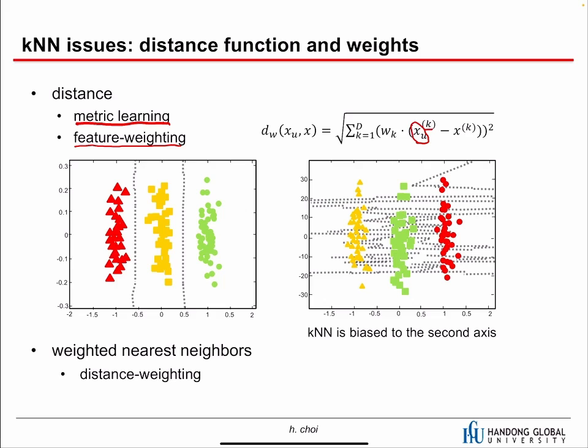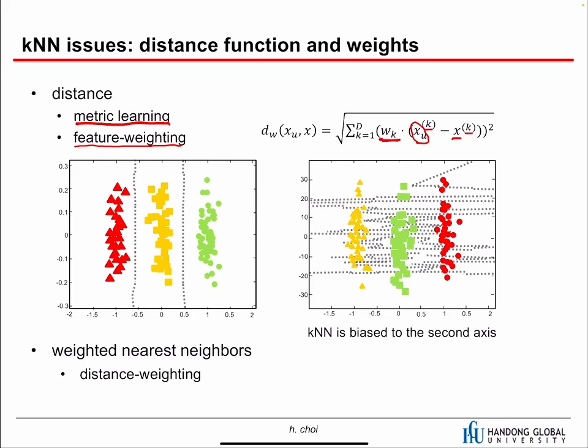And the new test sample x has the same dimensions. Then each dimension has a different weight. If we change this weight, then we can change this distance function, right?